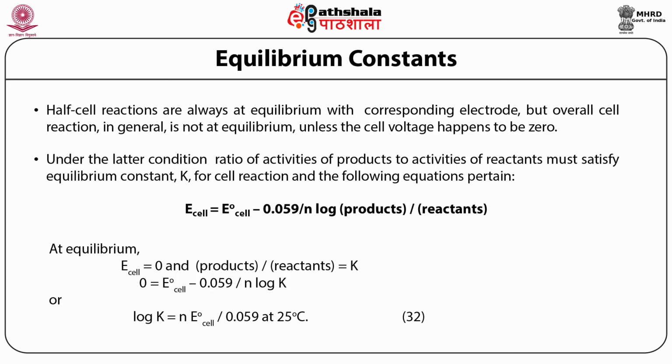If E0 cell is positive, then K is greater than unity and vice versa. To avoid confusion over signs of E0 values, remember that half reactions should be subtracted in a direction to give the required whole reaction, and the E0 values corresponding to these half reactions must be subtracted in the same direction.